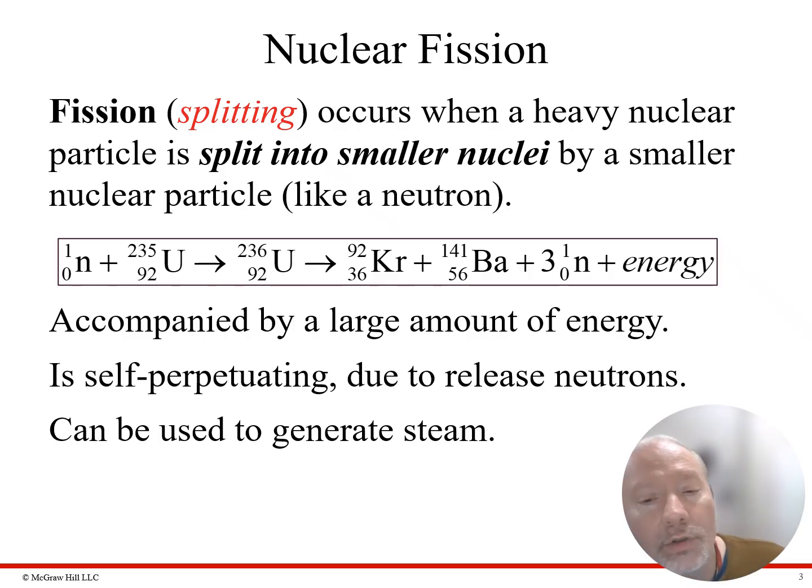So not only do you get energy from this reaction, you get the stimulating source of extra neutrons to continue this reaction. So this is a chain reaction, and it releases a large amount of heat. It's self-perpetuating, which is what I mean by a chain reaction, due to the release of neutrons. And it also, of course, releases energy that heats the liquid into a steam.